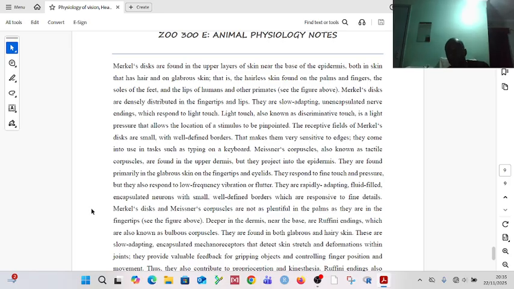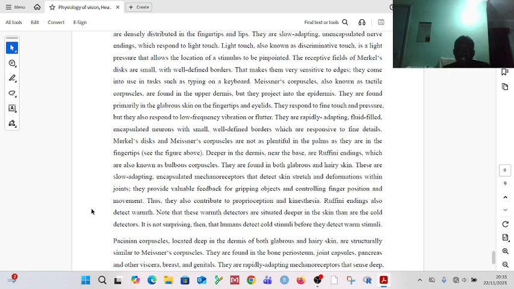As you go deeper into the skin, ukienda chini sasa unakutana the Ruffini endings. These Ruffini endings zinapatikana pia kwa ile ngozi ambayo iko na nywele na ile ambayo haina. So you can find it on your head, you can find it in the soles of your feet. Okay? So these ones are encapsulated, which means they don't respond to ile fine touch.